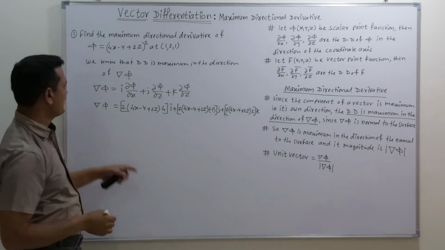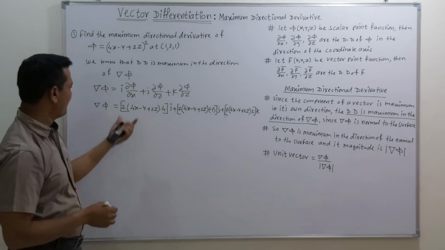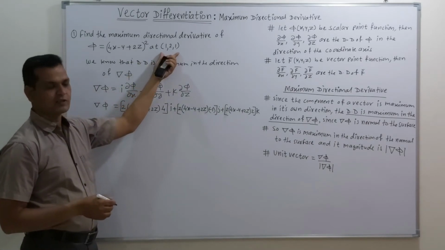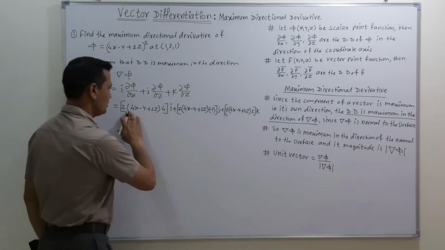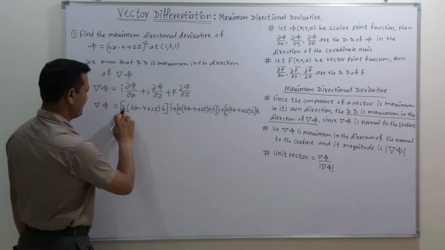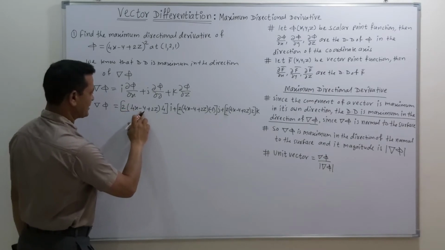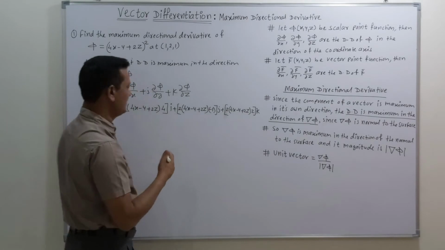Now our aim is to find the value of del phi at the given point. But before that, let's simplify this expression. If we observe it carefully, 2 times the bracket (4x minus y plus 2z) is the common term in all three.